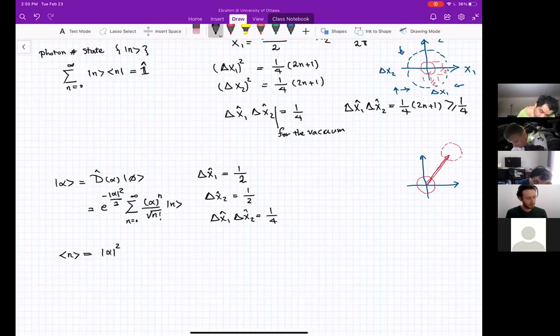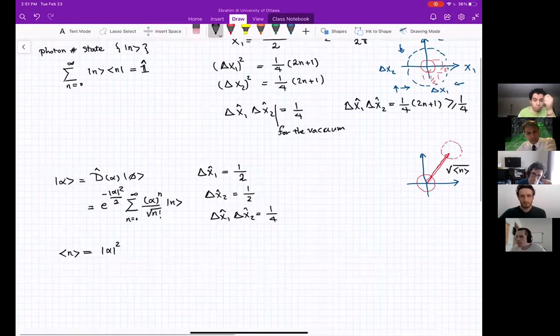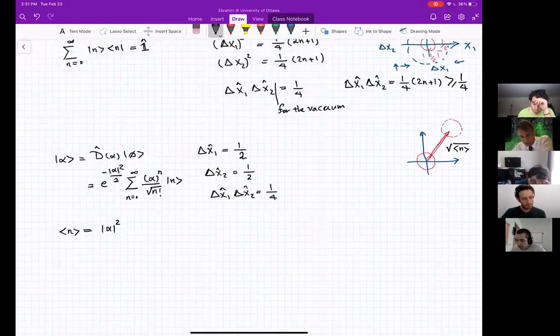Yes, that's true, because if you do a dagger a, that will give you this result. So essentially, the radius that we had here was the square root of n. You can do the mathematics. All right, that was the case for the coherent state.